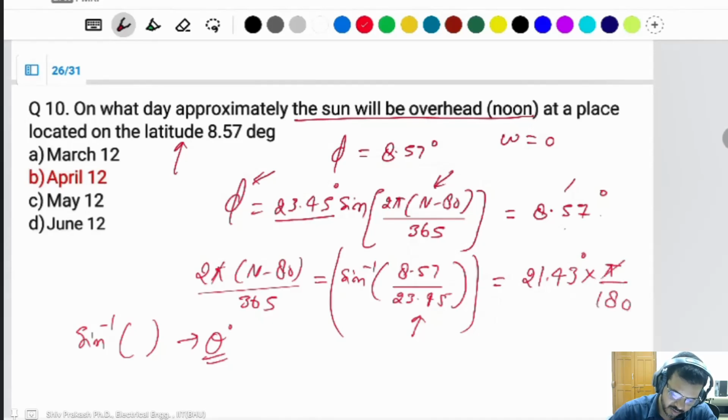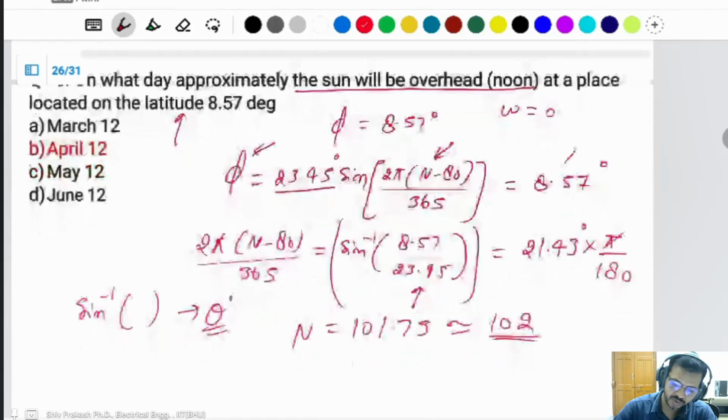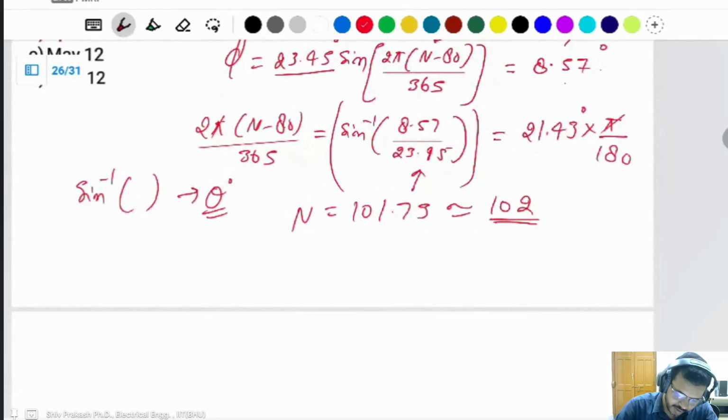Pi will cancel out, and just calculate the number n. Approximately this will be 101.73, you can say 102. And what day is that?